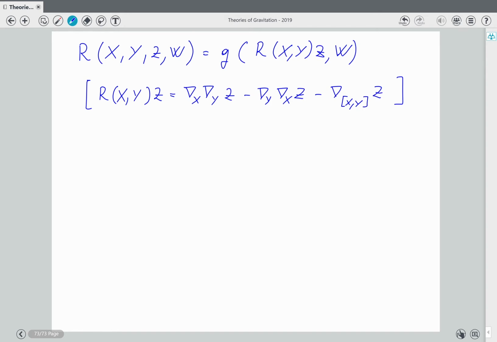And it has some properties. It is anti-symmetric if you exchange the first two, or the second two.